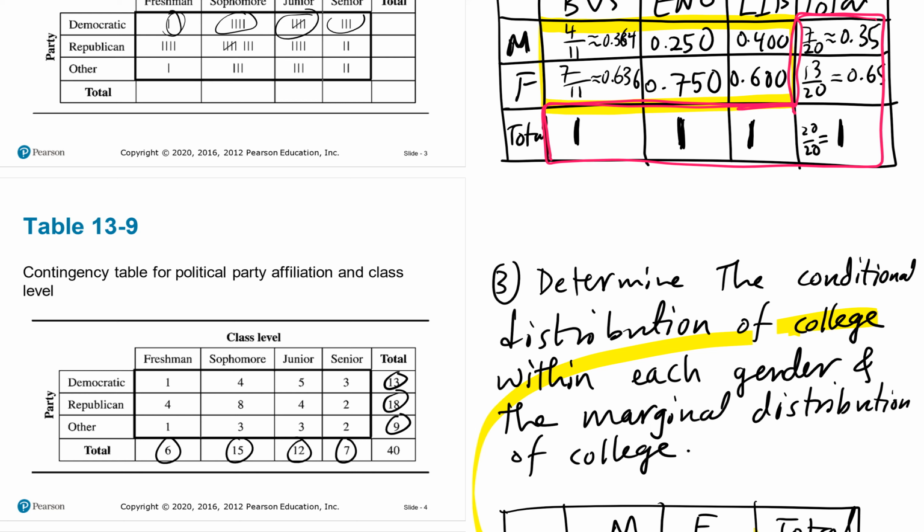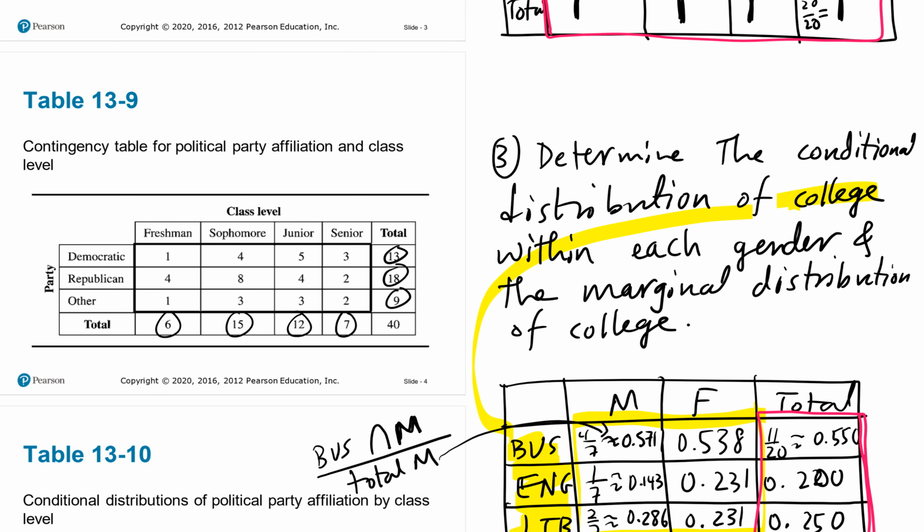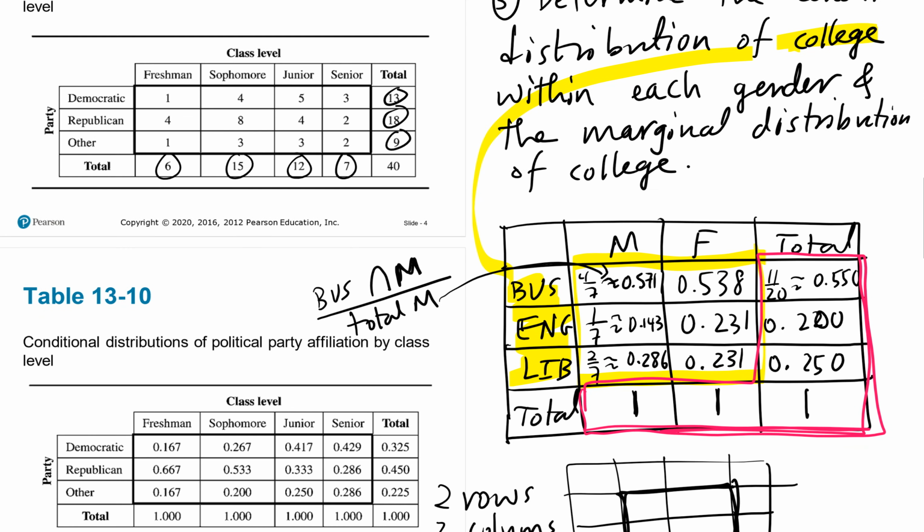Do you see how they bolded the middle part? That bolded table, this whole table, is called a contingency table or two-way table. And those bolded parts are what we use to find the conditional distribution. How do you find it? It depends. Here you divide 1 by the total 6, which gives this. 4 divided by 6 gives this one. And 1 divided by 6 gives this. You do the same for all the other columns.